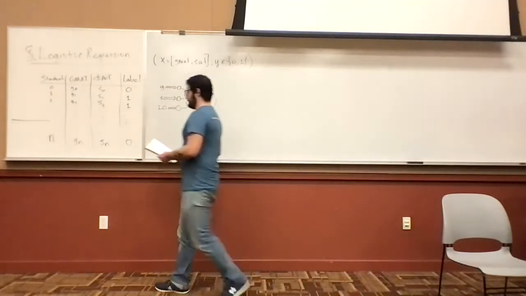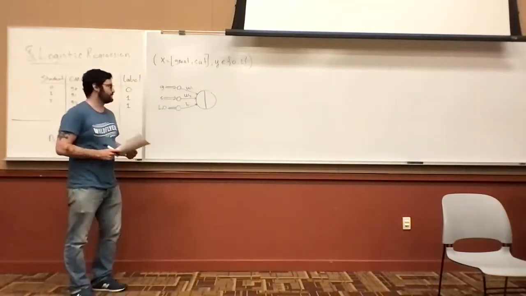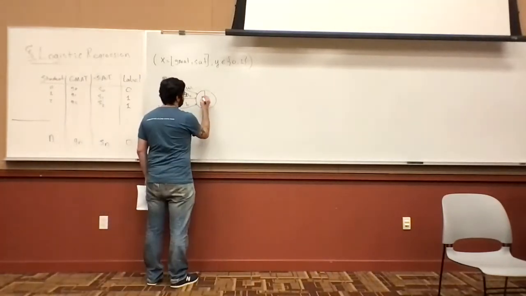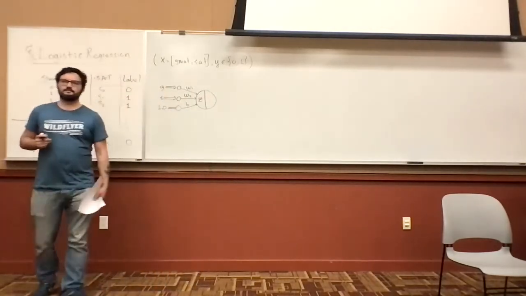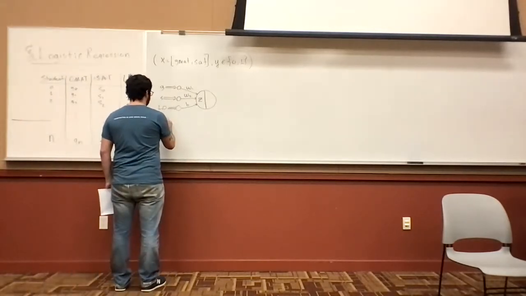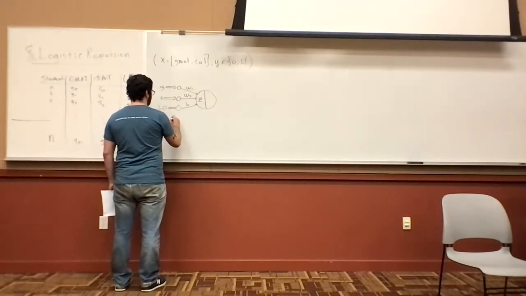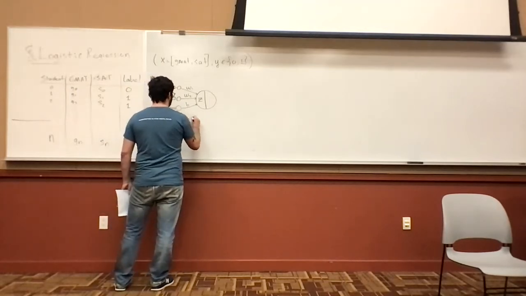Now, different than last time, I'm going to introduce new notation. The pre-activation will now be denoted by z. So here, z is equal to w transpose x plus b.